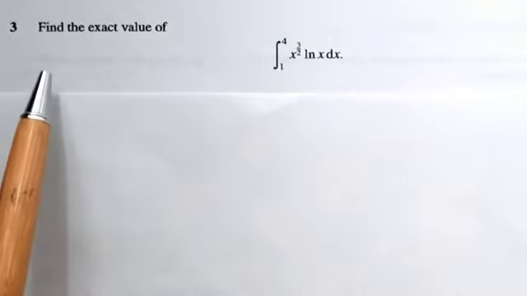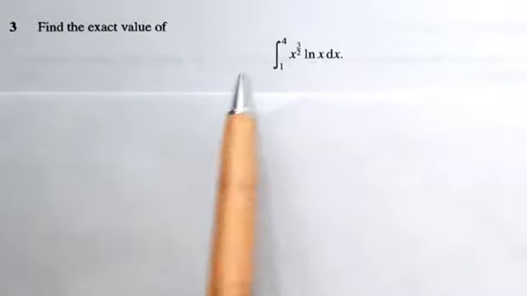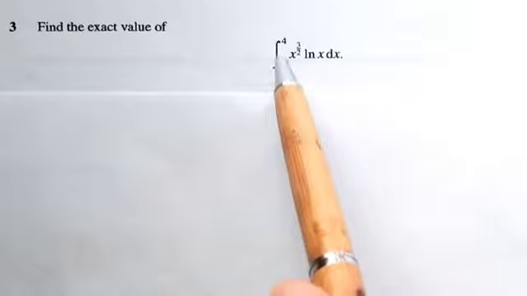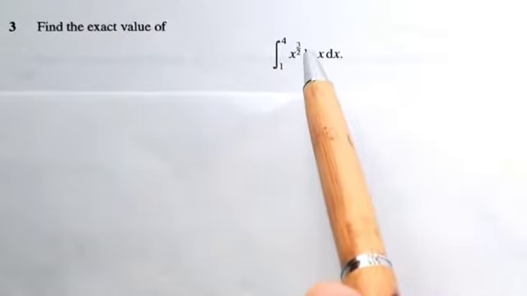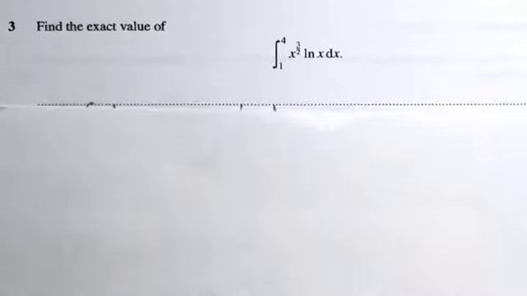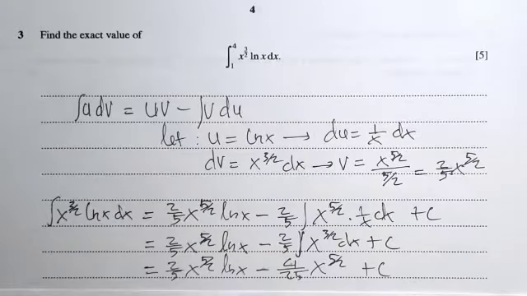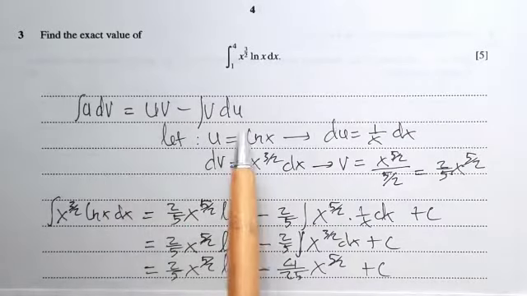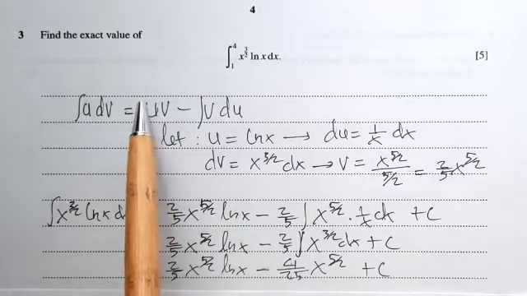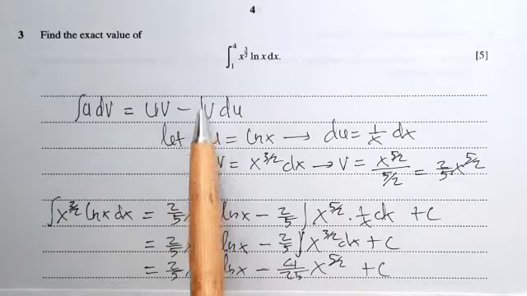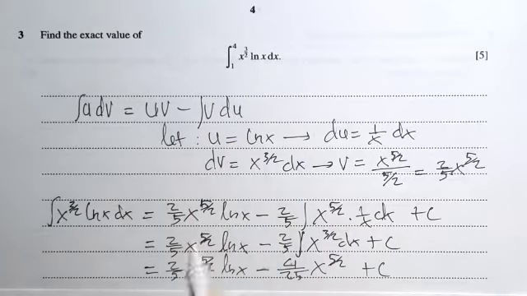Now question number 3: find the exact value of the integral from 1 to 4 of x to the power 3 over 2 times ln x dx. This is a question about integration by parts. Now we will use this formula: the integral of u dv equals u times v minus the integral of v du.